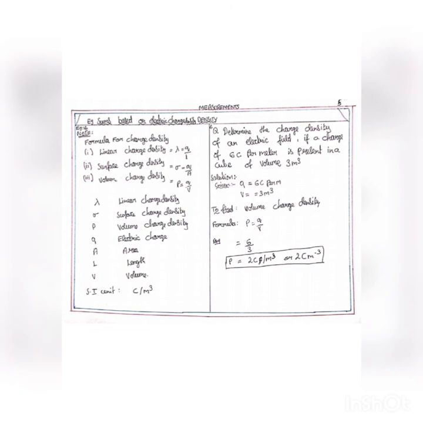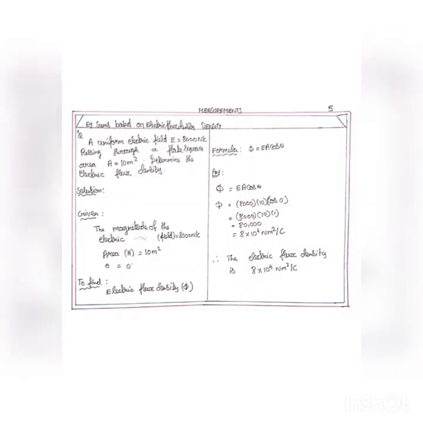At last we can move to example sums based on electric flux density. Question. A uniform electric field E is equal to 8000 Newton per coulomb passes through a flat square area equal to 10 meter square. Determine the electric flux density. They have given the magnitude of electric field and area. We want to find the electric flux. We can use the formula phi is equal to EA cos theta.